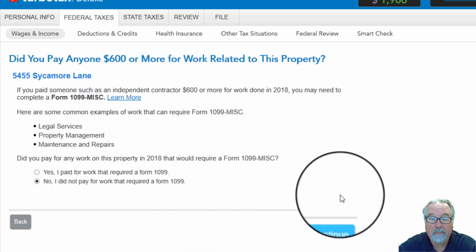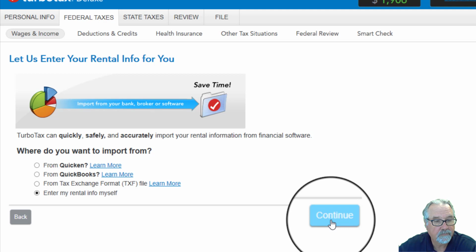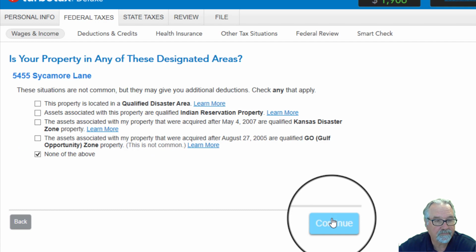No, did not pay for any work that required a 1099 form. And we'll enter the rental information myself. If we keep track of our rental properties in Quicken or QuickBooks, we can import it here, but we'll type it in.